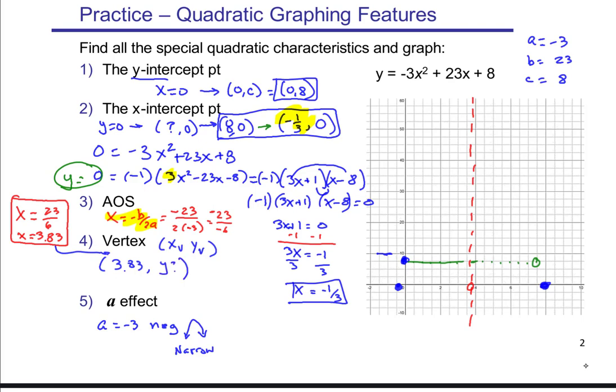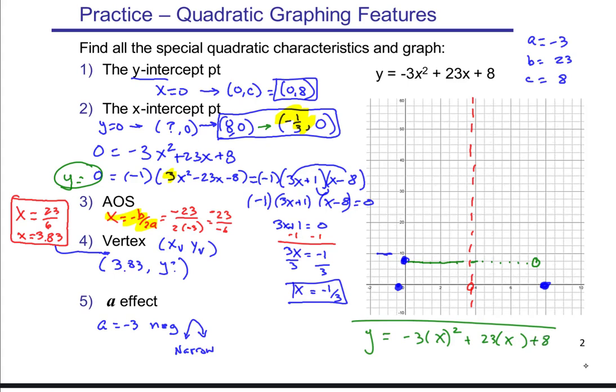We plug in. So what we're going to do, I'm going to work down here on the bottom, is we're going to take y equals negative 3 x squared plus 23 times x plus 8.